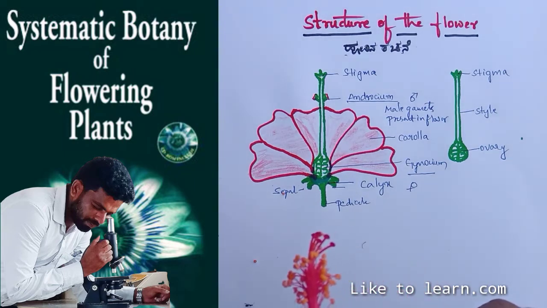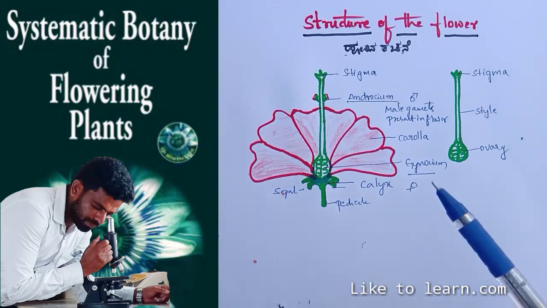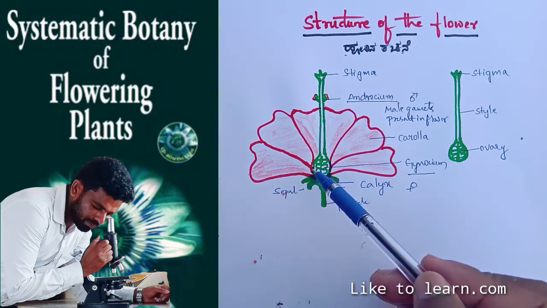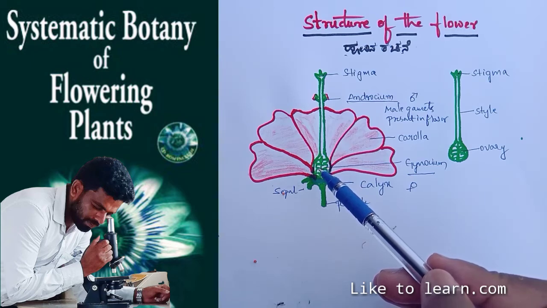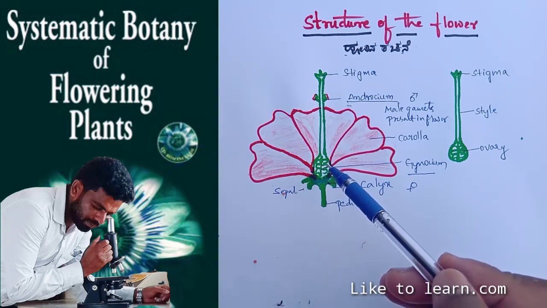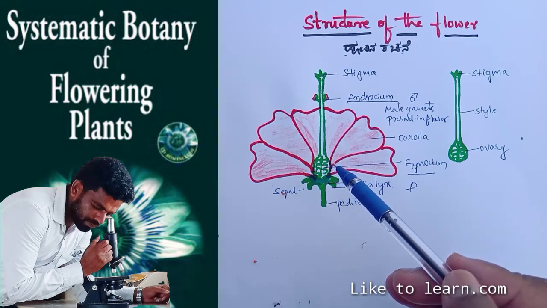Next, the innermost whorl of the flower is called gynoecium. See, this is the gynoecium. The gynoecium is composed of female reproductive structures called carpels. Each carpel has a basal swollen ovary, a middle elongated style, and a terminal sensitive region called stigma.